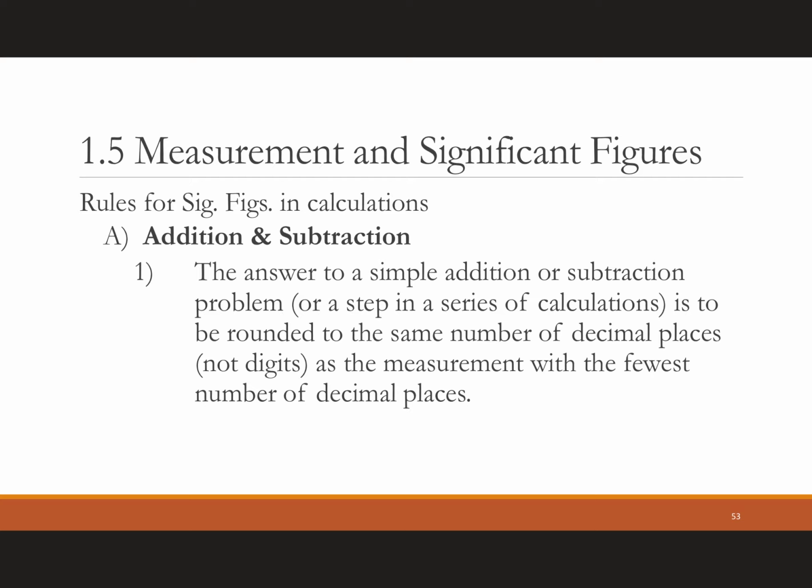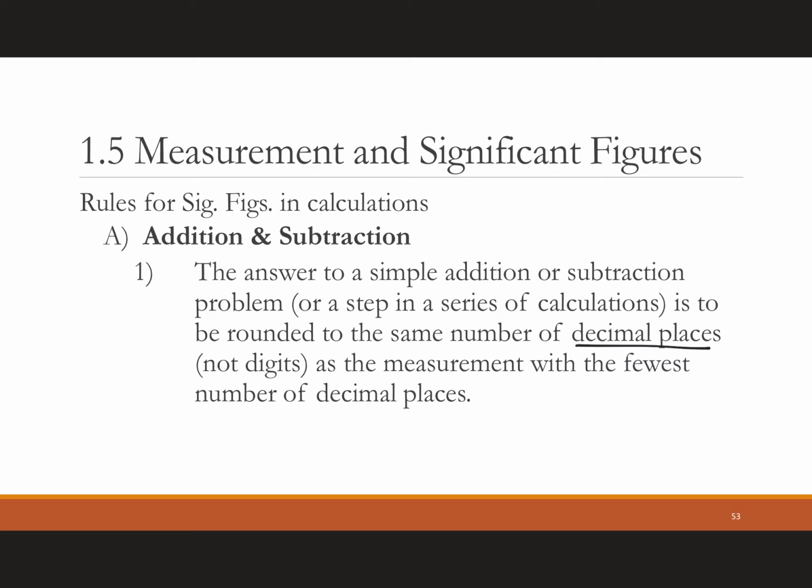The answer to a simple addition or subtraction problem, or a step in a series of calculations, is to be rounded to the same number of decimal places, not digits. You're only looking at decimal places as the measurement with the fewest number of decimal places.